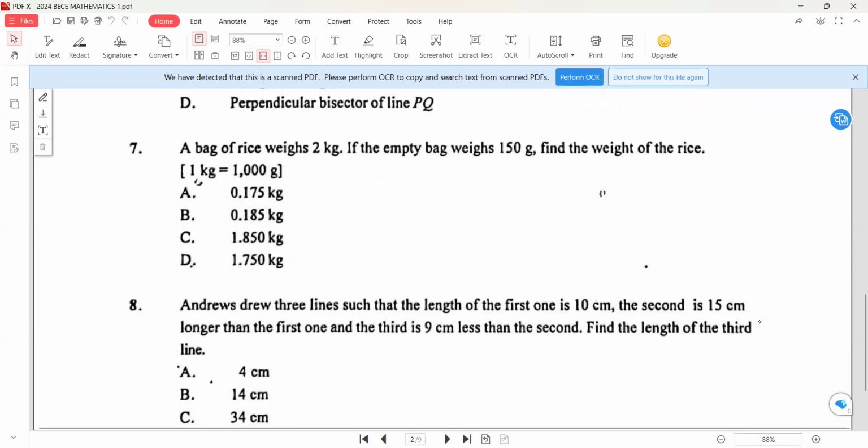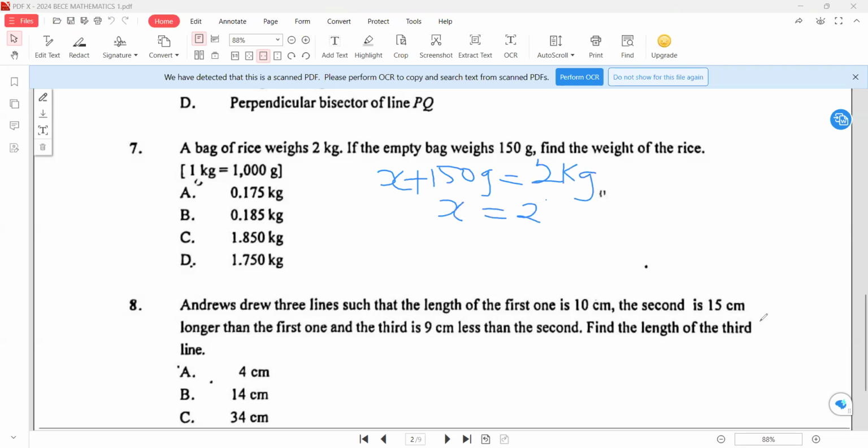It means the weight of the rice coupled with the weight of the bag makes up the weight of the bag of rice. So the weight of the rice is X. If you add it to the weight of the bag, which is 150 grams, you should get 2 kilograms.